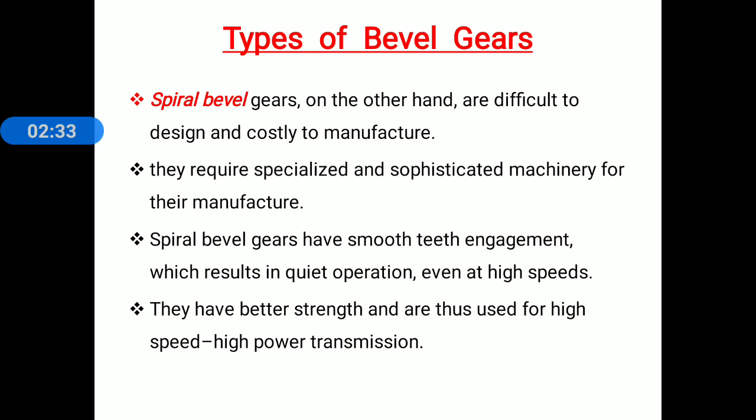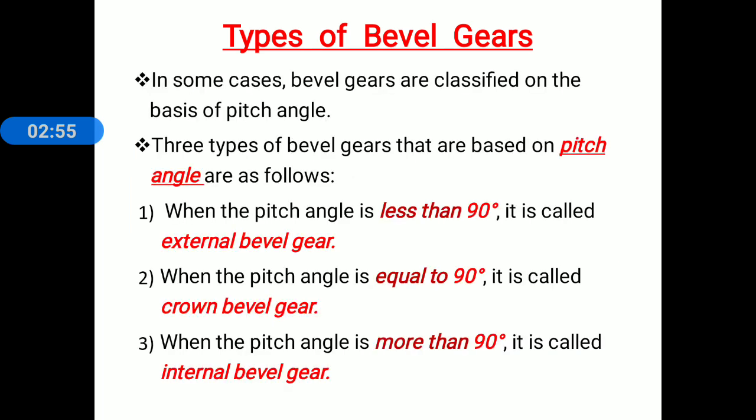They have better strength and are used for high speed power transmission. See that spiral bevel gear has a smooth engagement, that's why it is used for high speed applications. And due to the better strength, it is used in higher power transmission. Remember this.